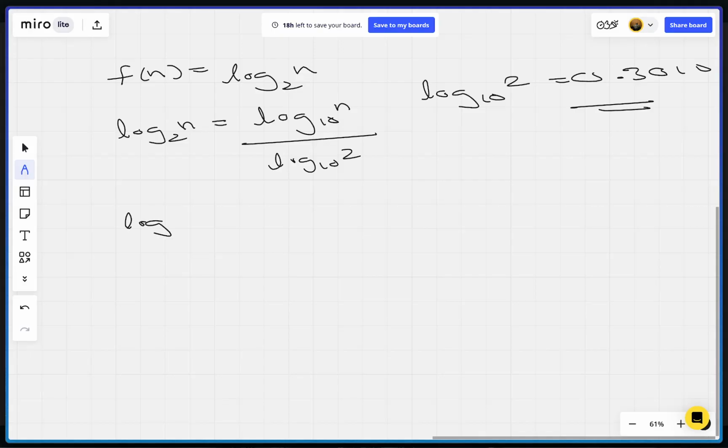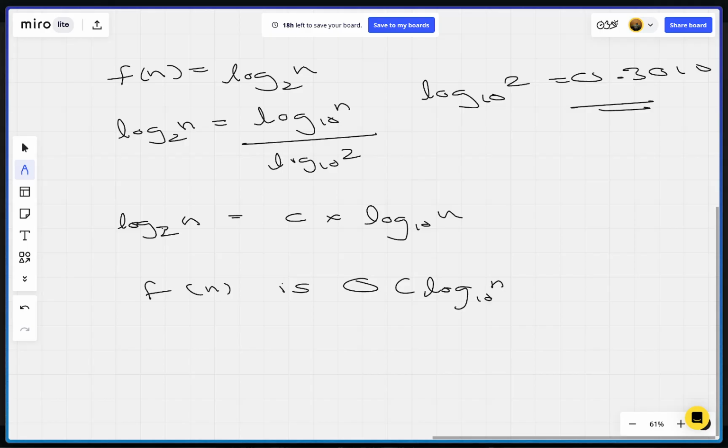So we can say log 2 to n is equal to a constant times log base 10 n. Because of that, we can say Fn is... so yeah, that's how we do it.